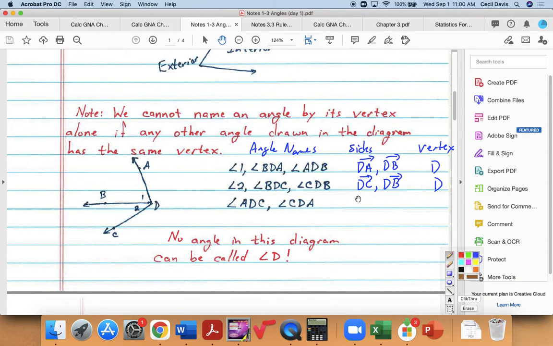DC. And you mean what DC? Ray DC, good. And ray DA. Exactly right. And the vertex is again D. This is why you can't name any of those angles angle D. Because if you say angle D, no one's going to know which of the three angles you're talking about.